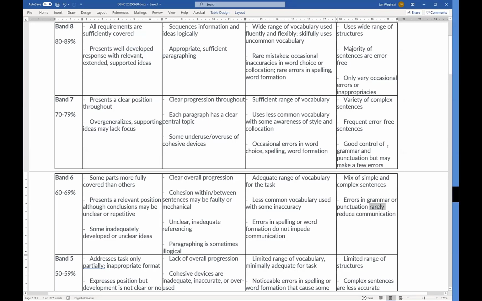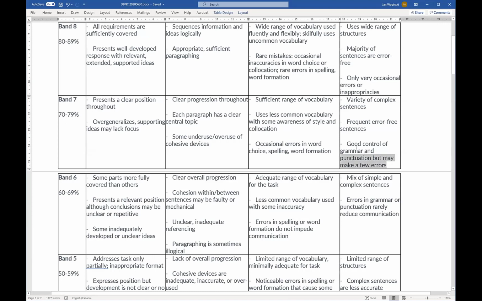But here, band 7: good control of grammar and punctuation, but may make a few errors. Notice that where it says make a few errors doesn't include anything about confusion. So if any of these errors cause any kind of confusion for the examiner, it's a 6. That's what makes this so hard.